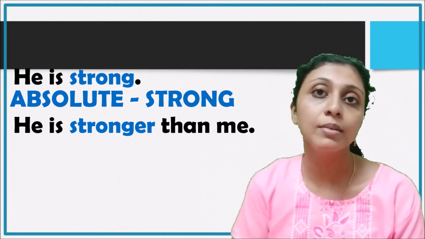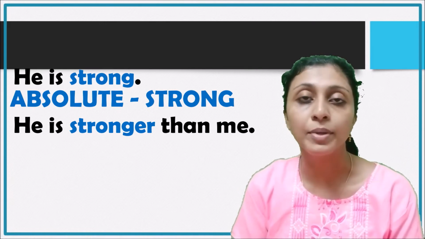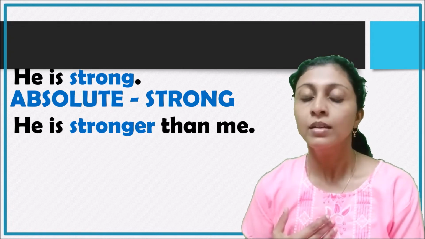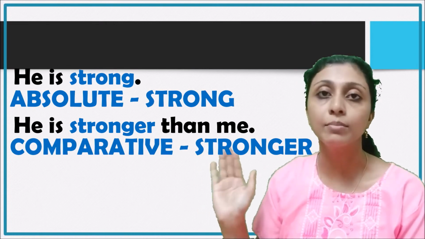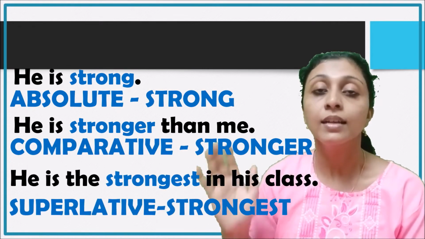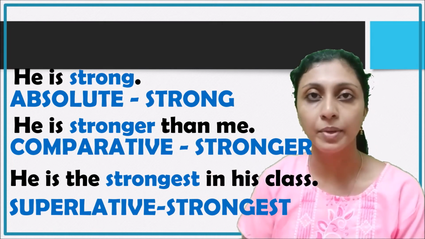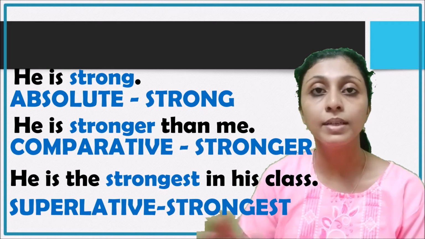So, now is there a comparison happening? Yes. Now there is a comparison happening between two cases, which are he and me. So here, stronger is the adjective in the comparative case. He is the strongest in his class. So now what's happening? There is a comparison happening between one case and many other cases.